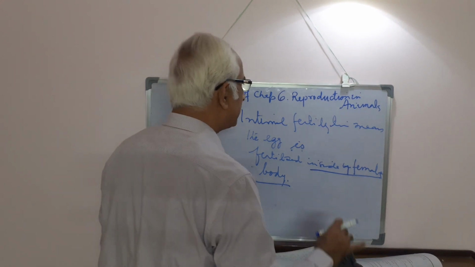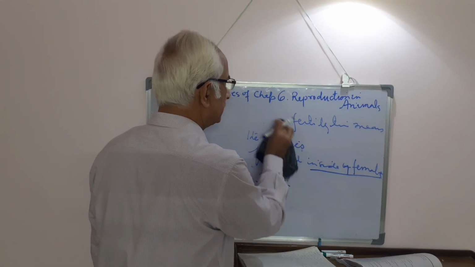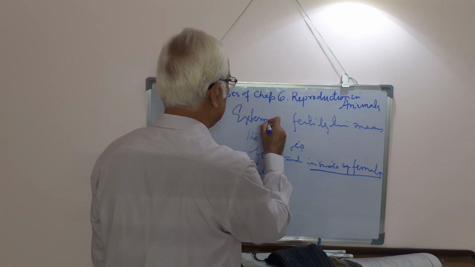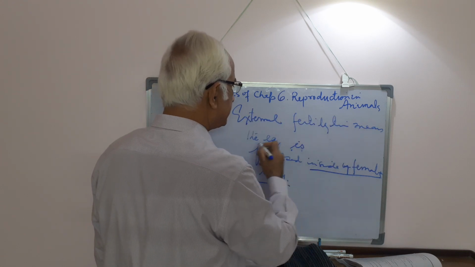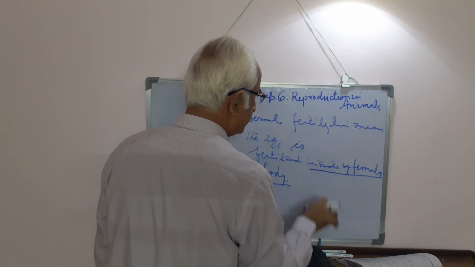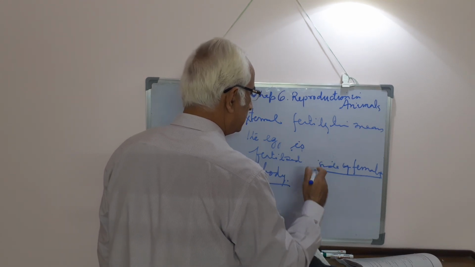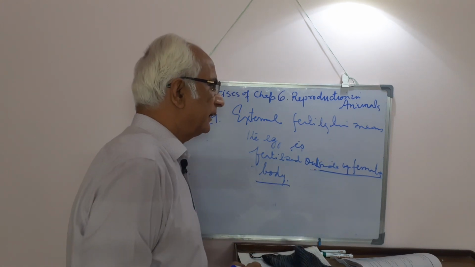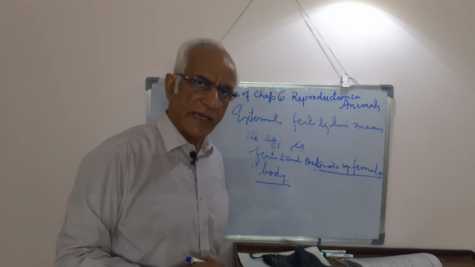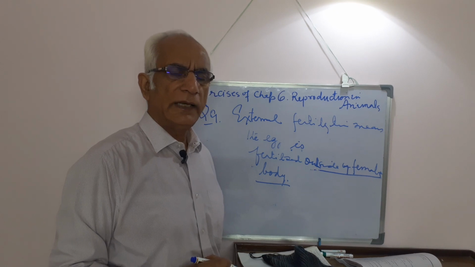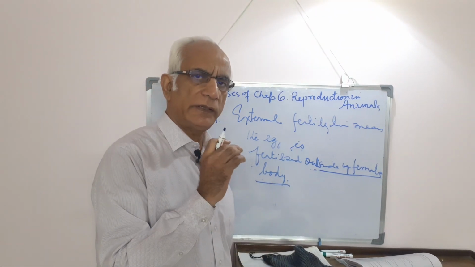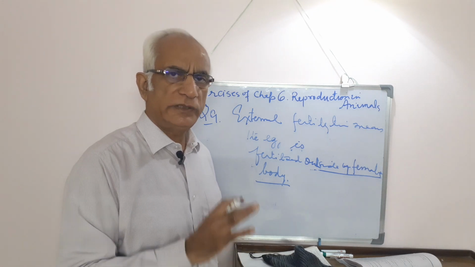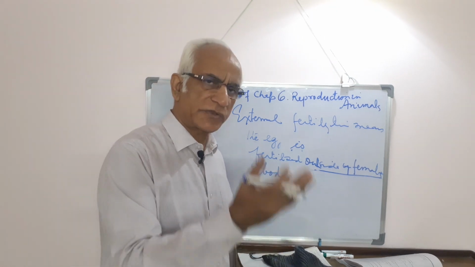Okay, external fertilization means egg is fertilized outside the female body. The female lays eggs like a frog female, and the male frog will drop its male gametes on the eggs. So this fertilization takes place outside the body.